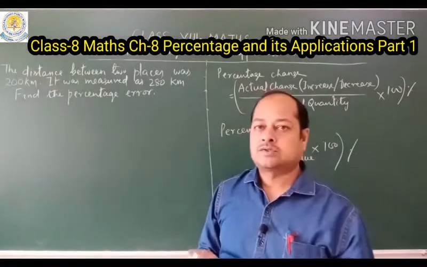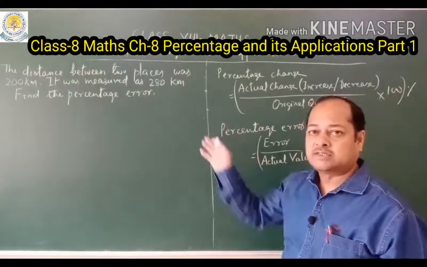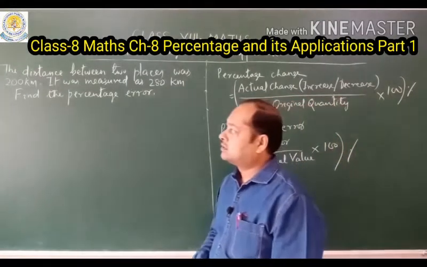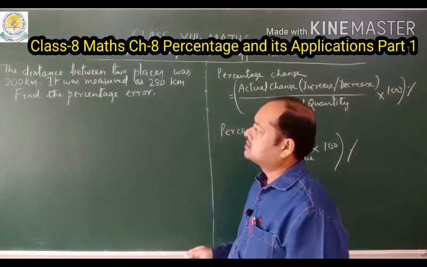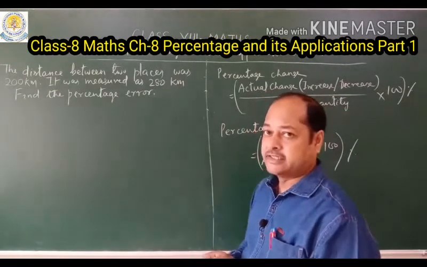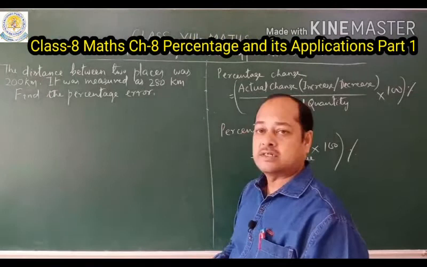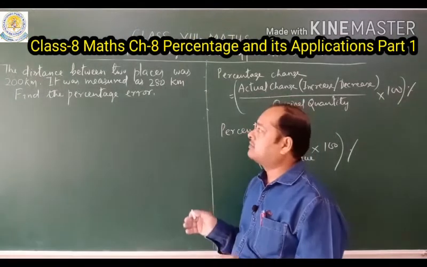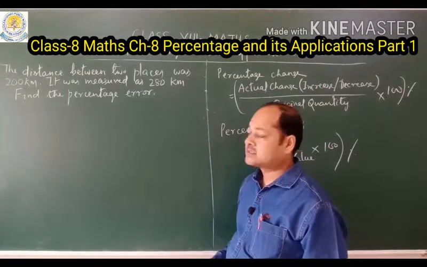Okay, so using this formula of percentage error, now we will solve a word problem. The word problem says that the distance between two places was 200 kilometer. It was measured as 280 kilometers. So what is the actual distance? That is 200 kilometer, and we have measured that as 280 kilometers. So first we have to find out the error.